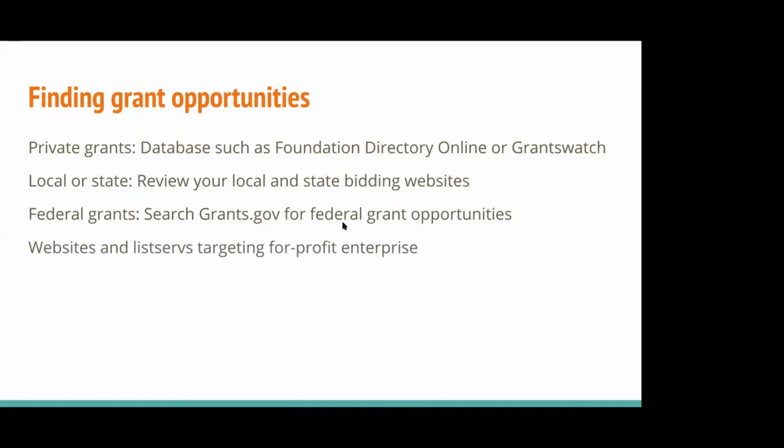Now there's also websites and listservs. And I've seen quite a few of these for the business community, not so common for the nonprofit world. I think it's because business grants are sometimes a little more difficult to find. So there are websites and listservs that have lists of grant opportunities for businesses. And so that is where Google comes in.